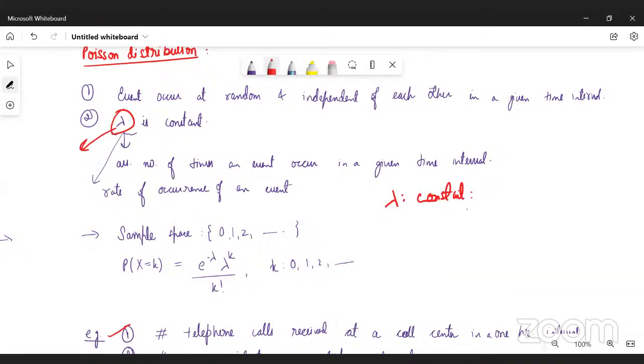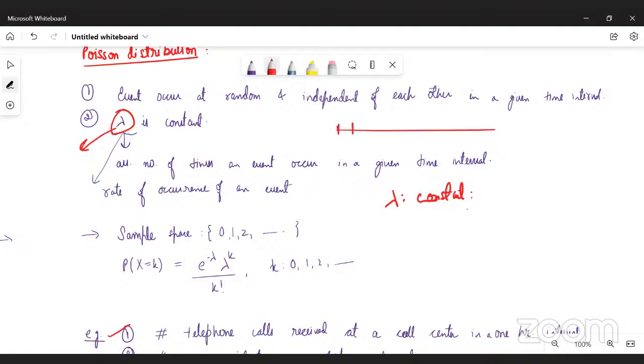Here you have some fixed time interval, like each second, each minute, each hour, each day, every week, every month, or some particular space, and there you're talking about the occurrence of an event. Let's say in the first 1 hour an event occurred, in the second 1 hour the same event occurred, in the third 1 hour too, and all these events are independent of each other.